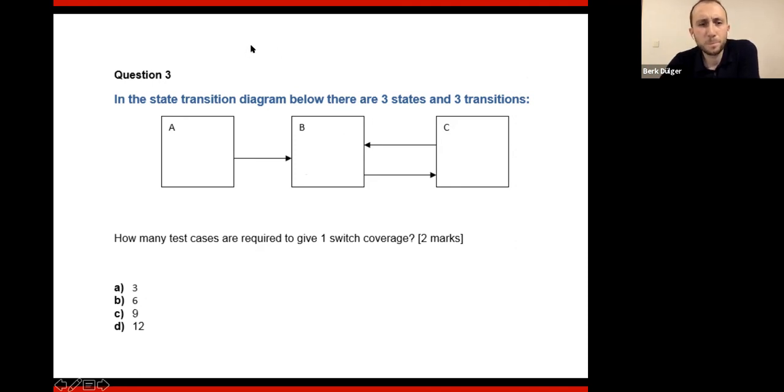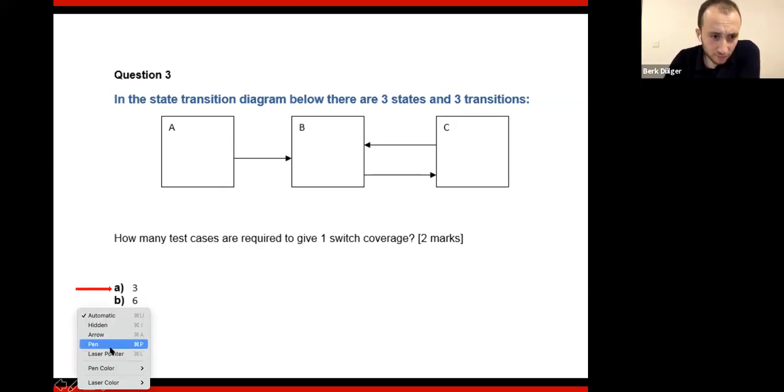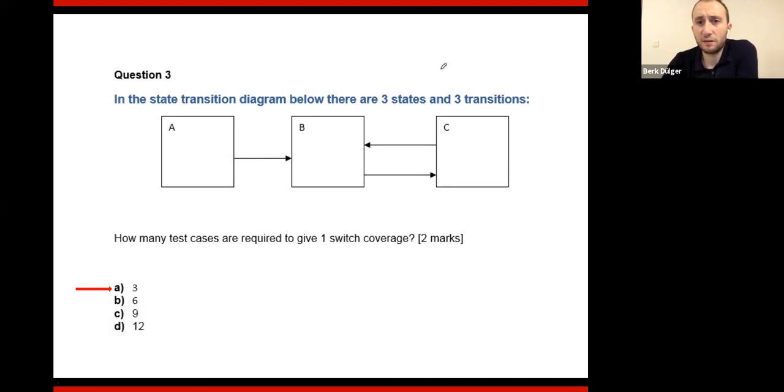Nine. Okay. As far as I remember, it's not that high. That should be 3. Because let's remember again how to calculate.